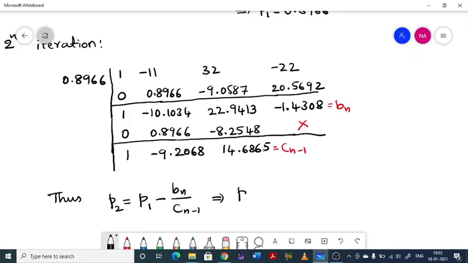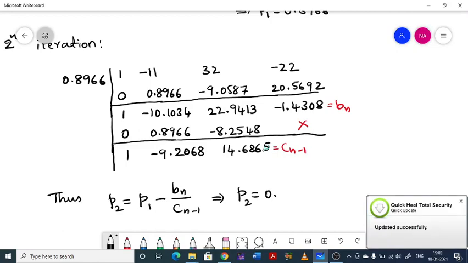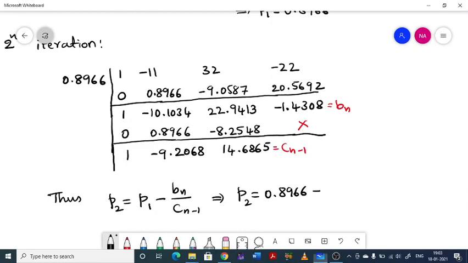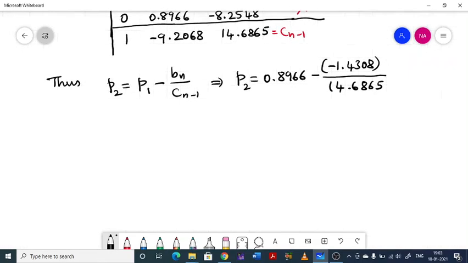That implies P2 equal to P1, that is 0.8966, minus here minus of 1.4308 divided by 14.6865. So it will be P2 equal to 0.9940.